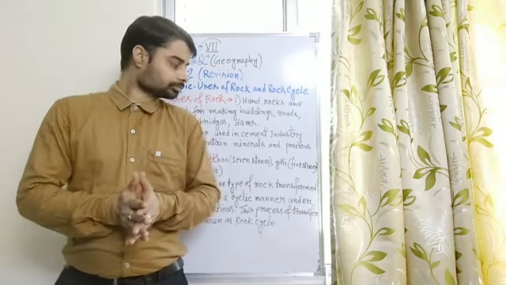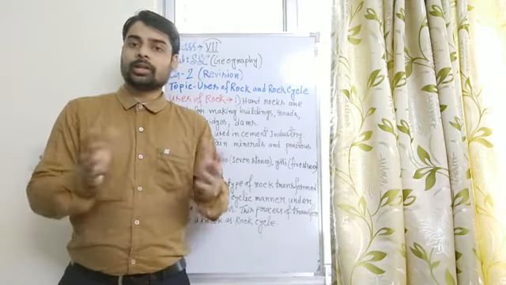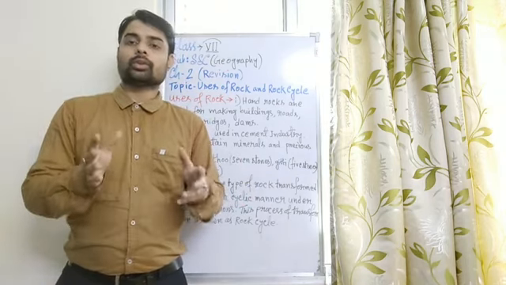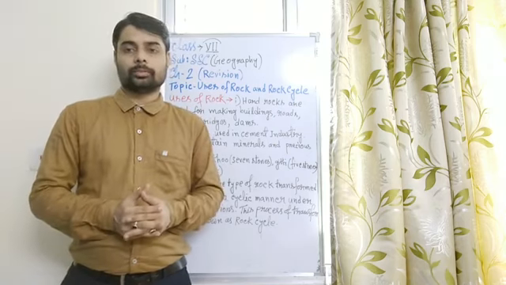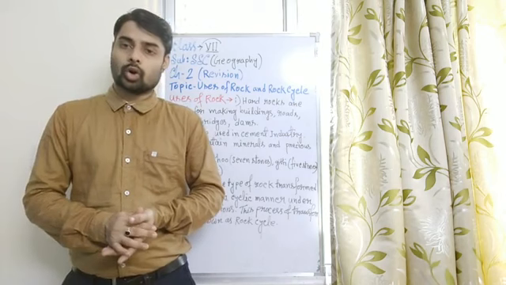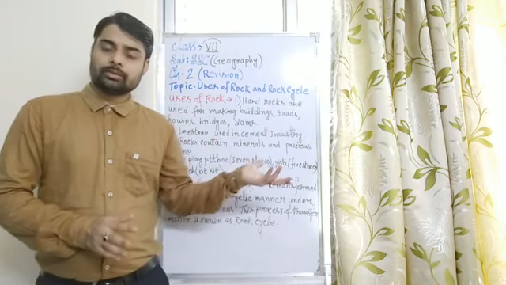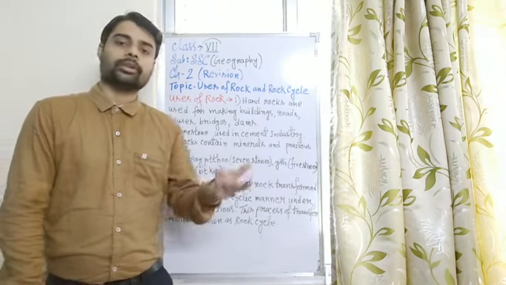And now we're going to discuss the uses of minerals. What are minerals? You know, the rocks are made up of minerals. The main component of the rock is mineral. Different minerals are found in the rock, and you have already learned how different layers of the earth are made up of different minerals.